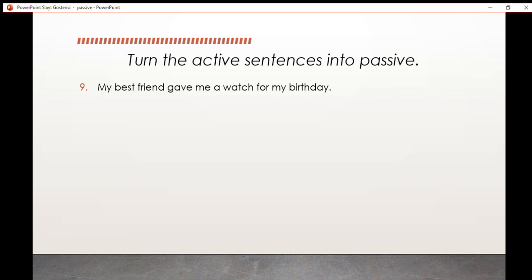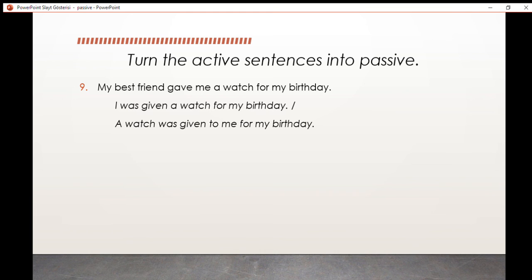My best friend gave me a watch for my birthday. Again, it's give, so we might have 2 objects. Let's check. Did we have 2 objects? Yes, me and a watch. So, I was given a watch for my birthday. A watch was given to me for my birthday.